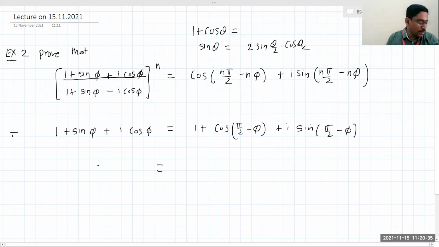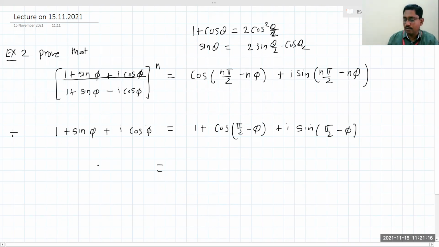So what is the formula for 1 plus cos theta, or 1 plus cos of 2 theta? 2 cos square theta minus 1 is cos of 2 theta. That's why I write theta upon 2 here.